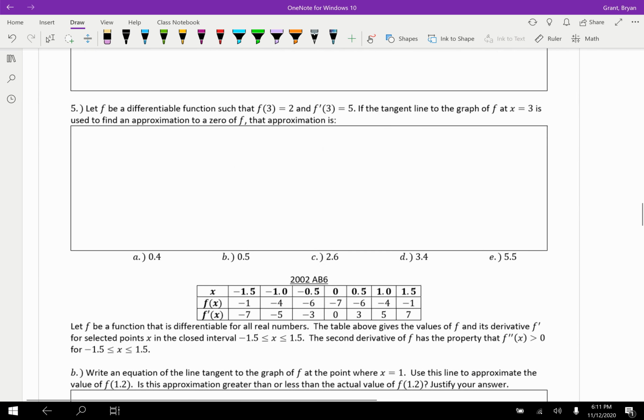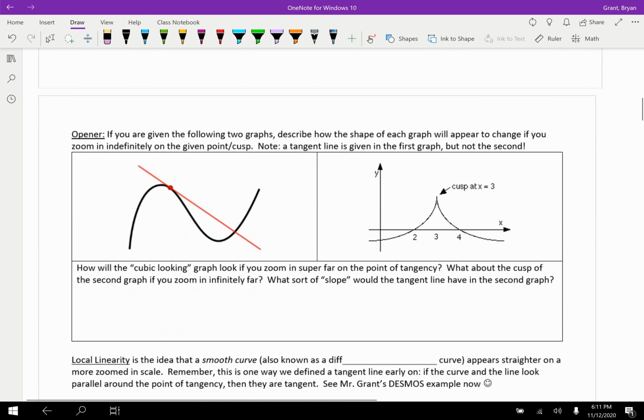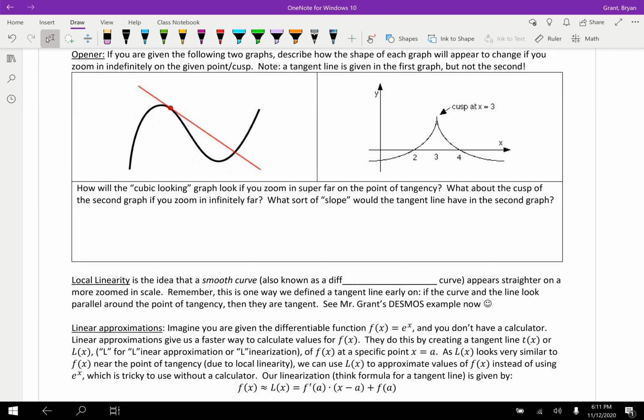All right. Well, at this point, we've taken a long time to go through that. Hopefully you skimmed through quickly because we definitely have more to do today. So let's get to it. If you're given the following two graphs, describe how the shape of the graph will appear to change if you zoom in indefinitely on the given point or cusp. So we're going to go ahead and zoom in on the point here, zoom in on the cusp here, and we're curious what will happen.